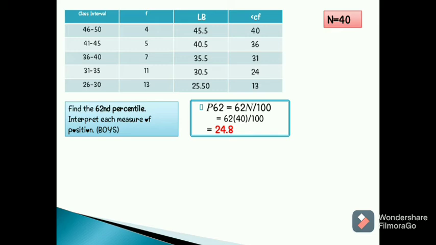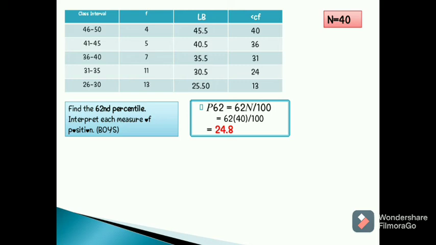Our answer is 24.8, which doesn't fit here in the second class because it's just until 24, but it belongs to the third class because of 24.8. And if we round it off, 24.8 will become 25.